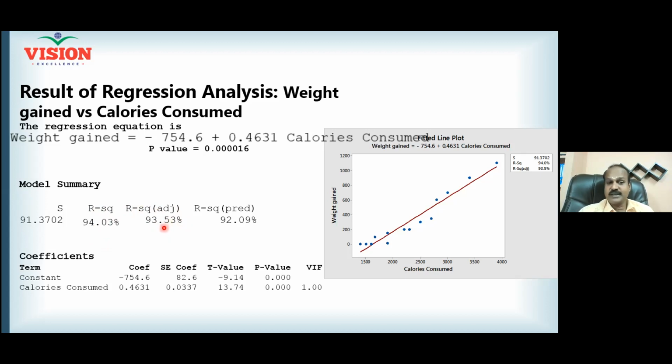Adjusted R square is arrived based on the criticality of the factors. Both have to be more than 90%. When both are more than 90%, and now you have another R square, predicted R square. If this predicted R square is also 90%, you can close your eyes and you can start using the regression equation for predicting any future performance.